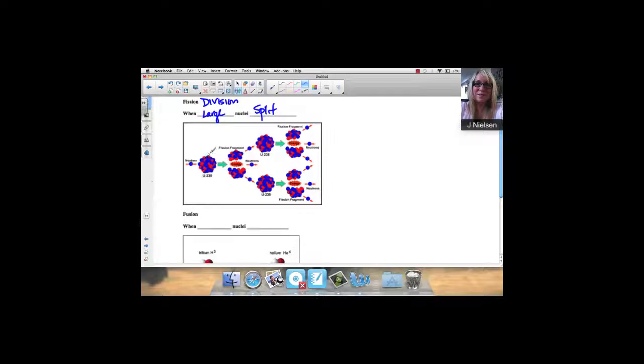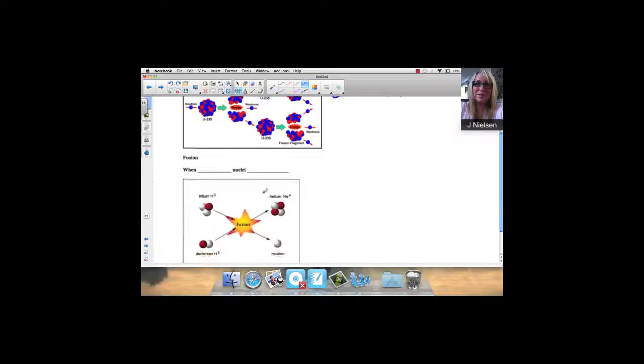It's bombarded with a neutron, which causes it to split into 2 fragments, which then releases 3 neutrons, which then go bombard 2 more U-238s. And they're broken into fragments, each producing 3 more neutrons, and the process continues. And you wind up with a chain reaction.